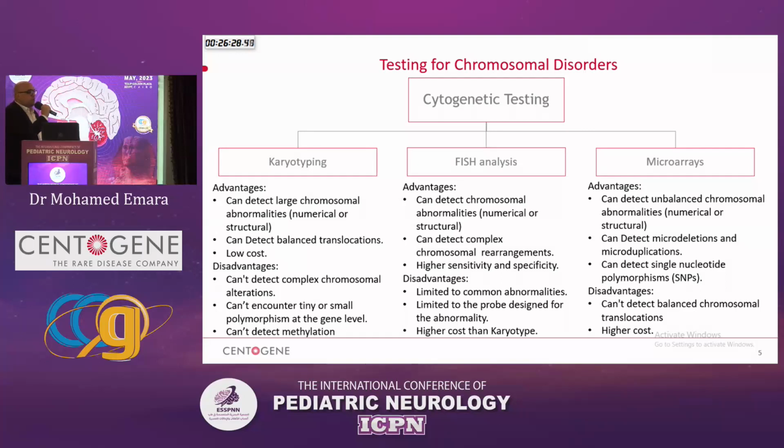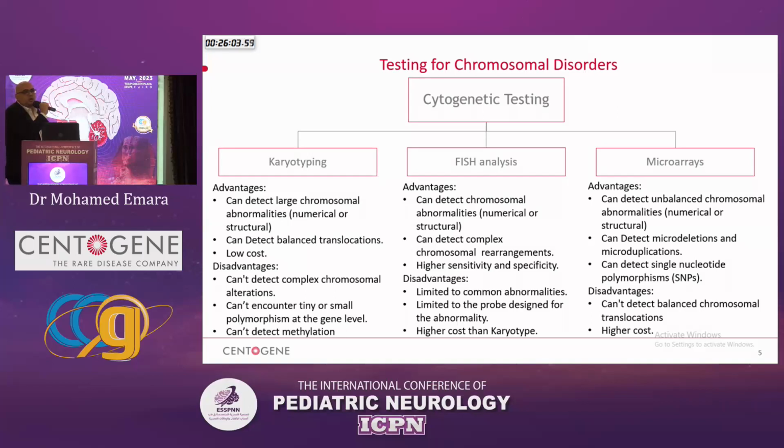After that, they developed the microarray. The microarray has an advantage in that it can detect small deletions and small duplications that cannot be detected by karyotyping. It can also detect unbalanced chromosomal abnormalities, but one of the drawbacks is that it cannot detect balanced chromosomal abnormalities, plus the price of microarray is still more expensive than the normal karyotype.